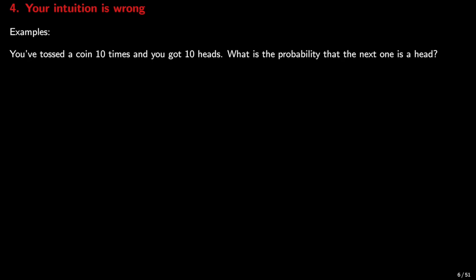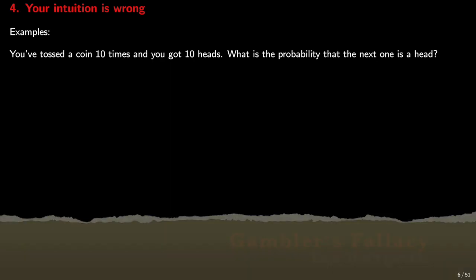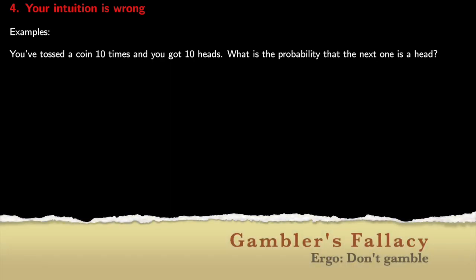The simplest one is that you've tossed a coin 10 times, and let's say you've got 10 heads in a row, heads, heads, heads, again and again. Then what is the probability that the next one is a head as well? Most people will think, well, it's been 10 times heads, maybe it's high time we saw tails, and people would bet on tails.